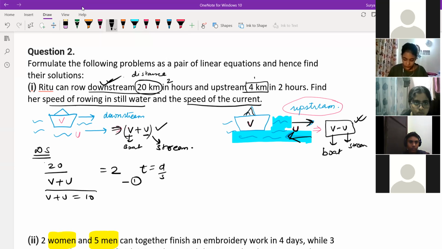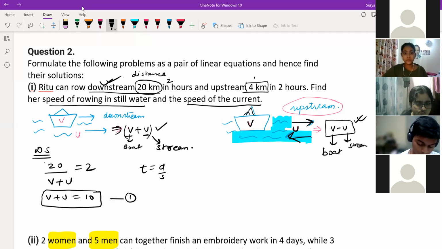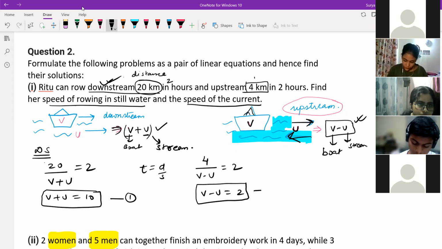Is the first equation clear? Yes, sir. Now the second equation will be 4 kilometers, the distance on top, time is 2 hours, so V minus U is equal to 2. This is the second equation.